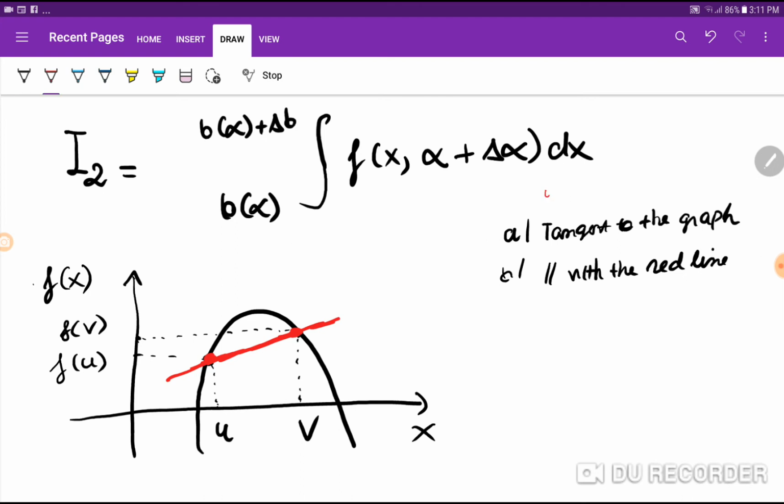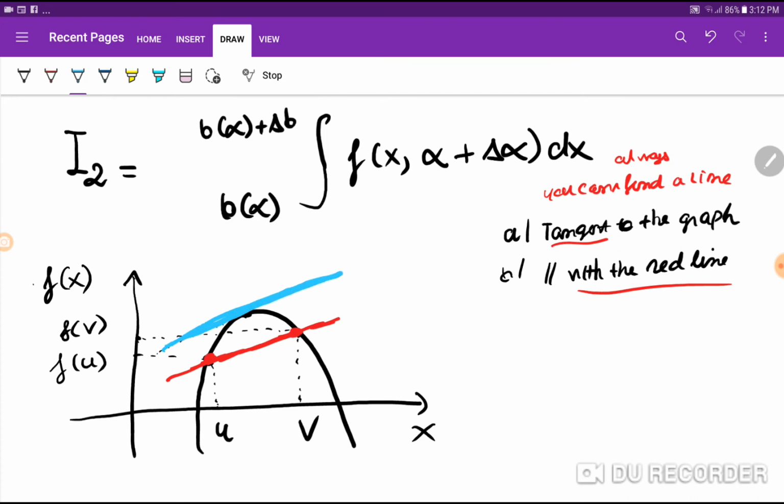I mean, you can always find a line tangent to the graph and parallel with the red line. What type of line is tangent to the graph? It is the derivative. So, in a nutshell, let me draw it in blue.